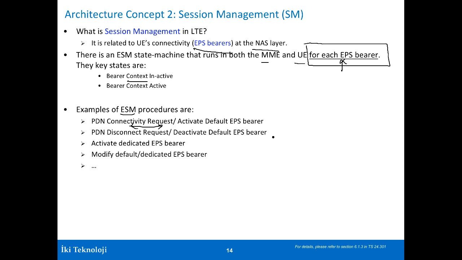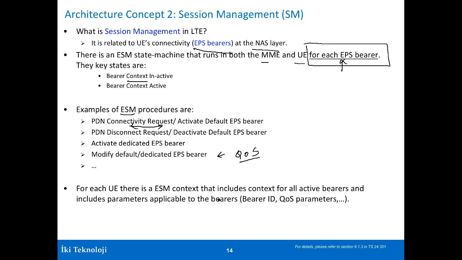And then you can also have some dedicated bearers, and some of that will come about in the QoS when we start looking at it, and that's where we start seeing why you need more than that one bearer that we had set up all the way between the mobile and the P gateway. And the ESM context includes the context for all the active bearers and also the QoS parameters, and this is what's kind of in the mobile and the network.